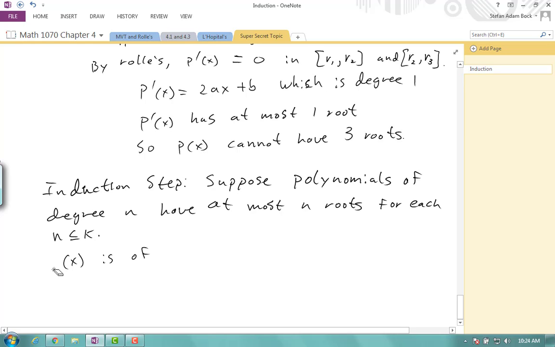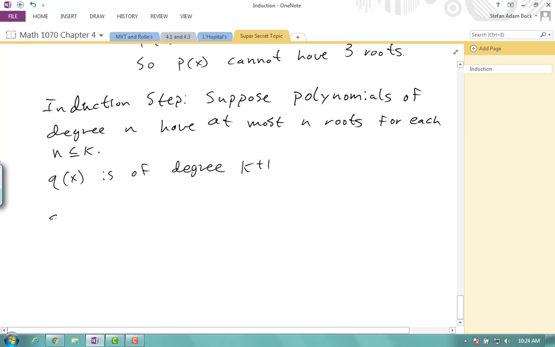Just so we have a different letter, I'm going to use a q. q is of degree k plus 1. Which means I could write q of x like this.